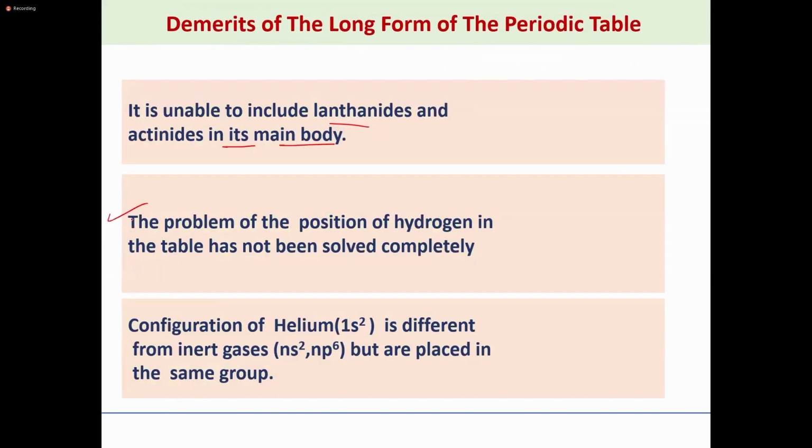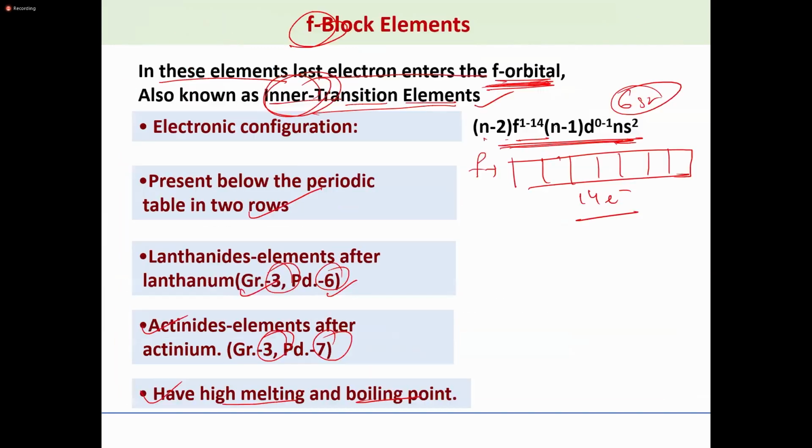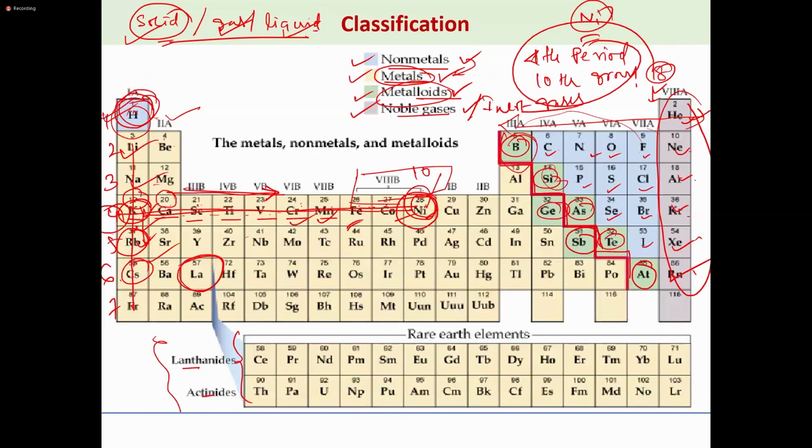Another demerit is that the problem of the position of hydrogen in the table has not been solved completely. If you see the position of the hydrogen element, it is placed in the S block. But in this S block, from lithium to francium, that means groups 1 and 2, these are metals, but hydrogen is a non-metal.